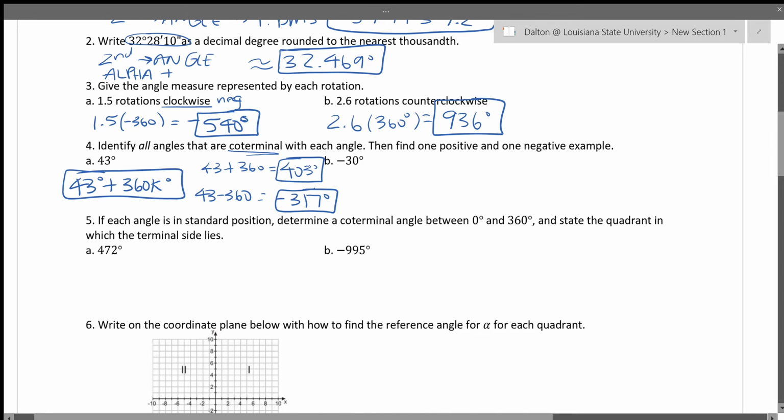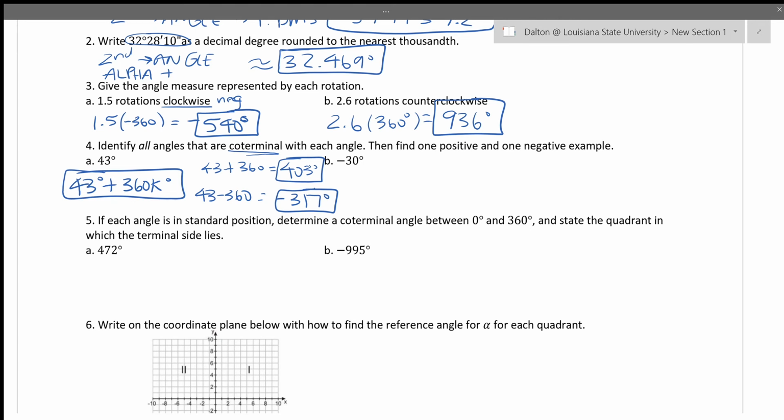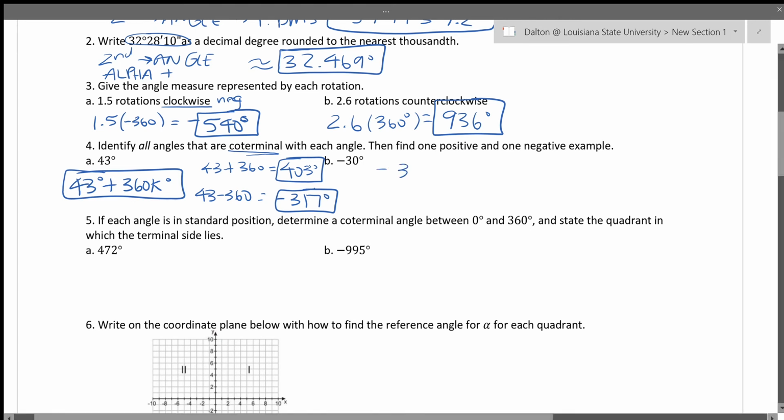For part B, we're going to do the exact same thing. The representative of all angles is going to be negative 30 degrees plus 360 K degrees. And then for one positive and one negative, you can simply take negative 30 plus 360, and you will get a positive 330 degrees.